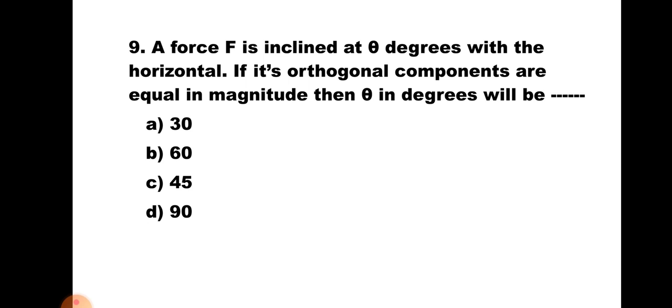Its horizontal component will be F cos theta and vertical component will be F sin theta. Now what is given? Their magnitudes are equal. So F cos theta is equal to F sin theta. So sin theta and cos theta are equal. So theta you will get as 45 degrees. Hence the correct answer is C, 45.